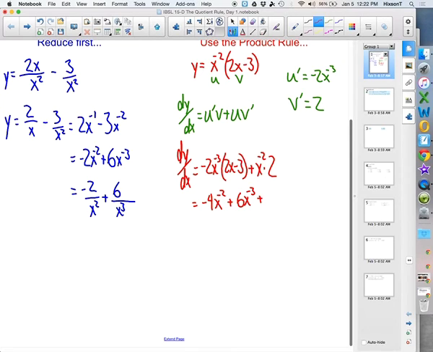And then this is just a plus 2x to the negative 2. So I have some like terms I can combine here. I have negative 2x to the negative 2 plus 6x to the negative third, which is the same thing that we had right over here.